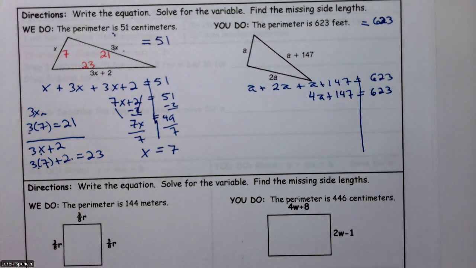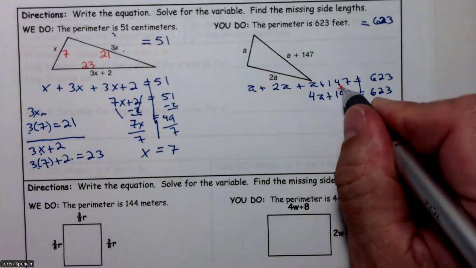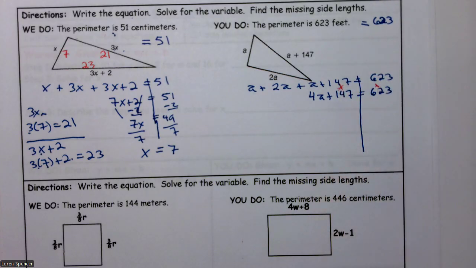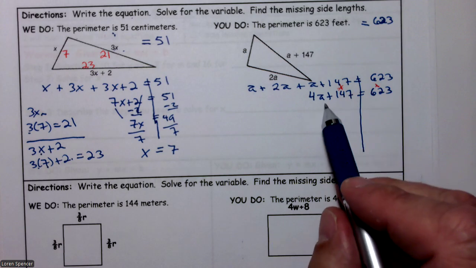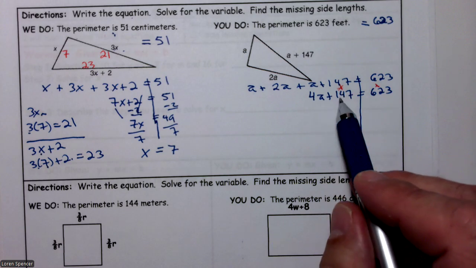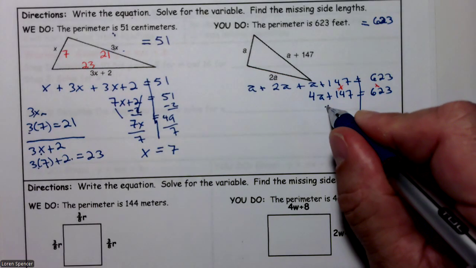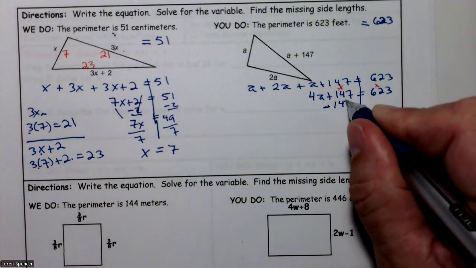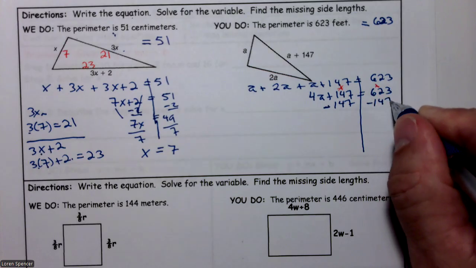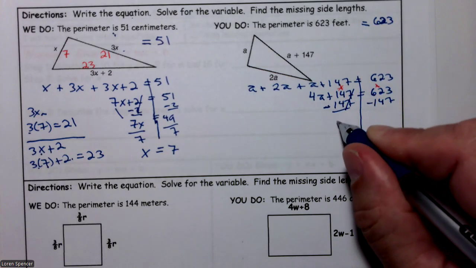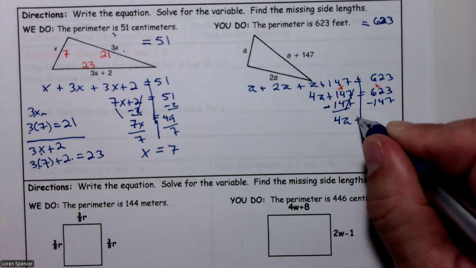Now I need to move my constants. I have 147 as a constant, and I have 623 as a constant. The goal is to get the variable by itself, so I need to move this 147 away from the variable. This is a plus 147, so I'm going to do the opposite. This goes away, and now I have 4A.